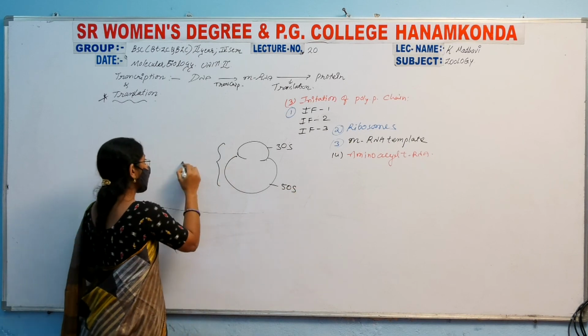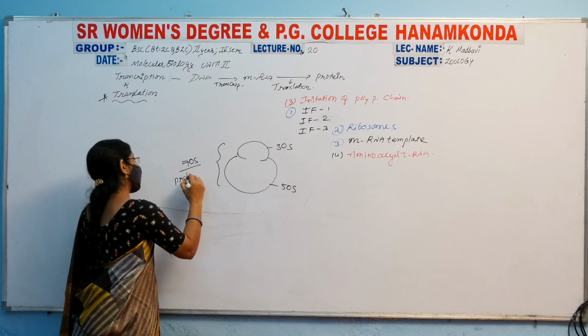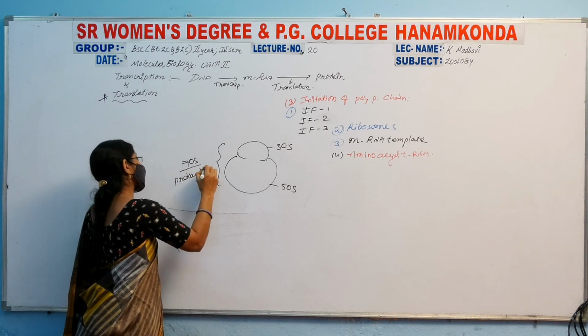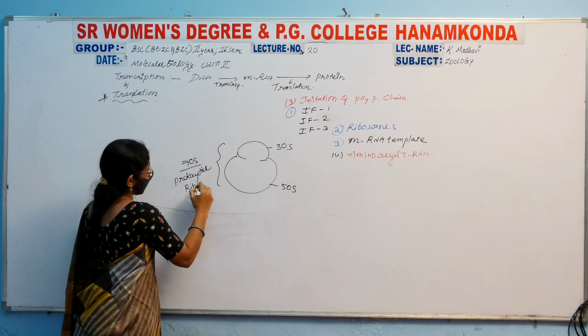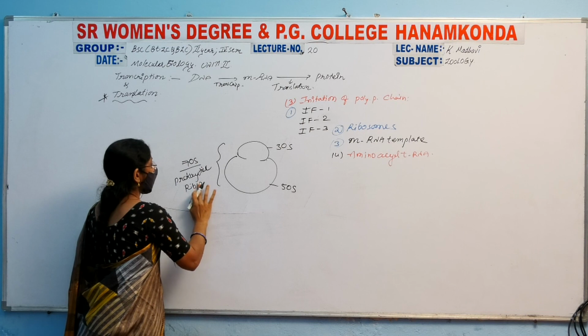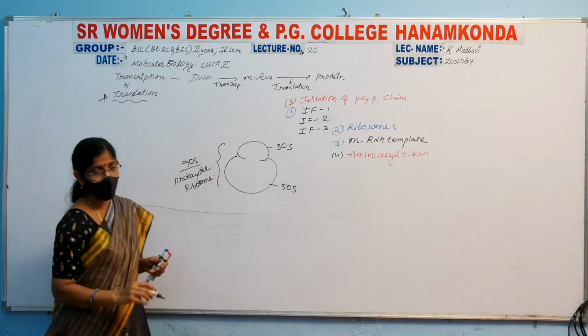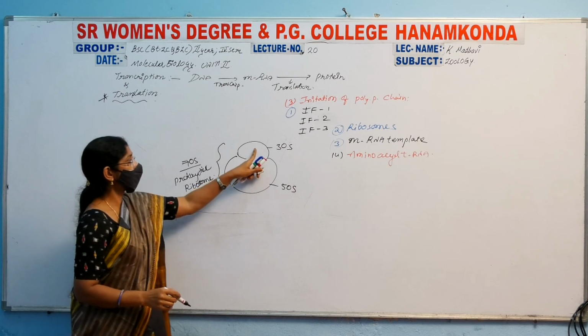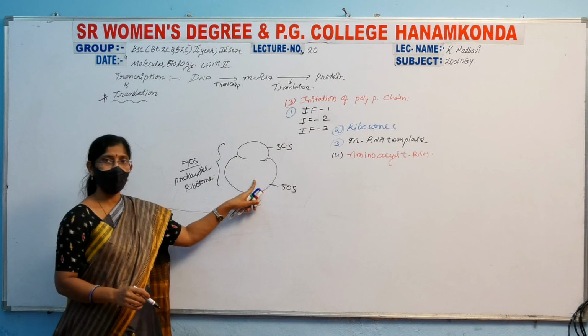That's why the total is the 70S ribosome, which is mentioned here as the prokaryotic ribosome. Now, is it clear? In this way, here 30S and 50S. This is the small subunit and this is the larger subunit.